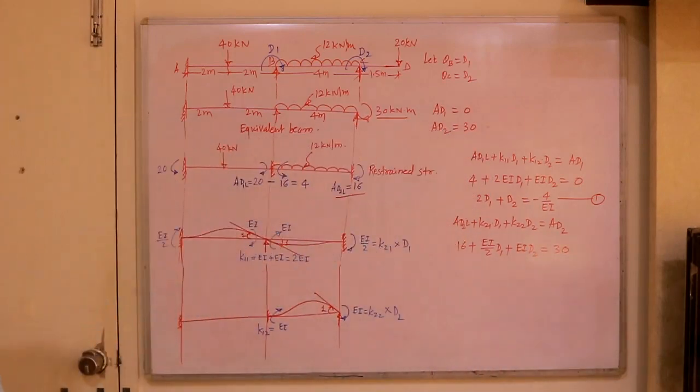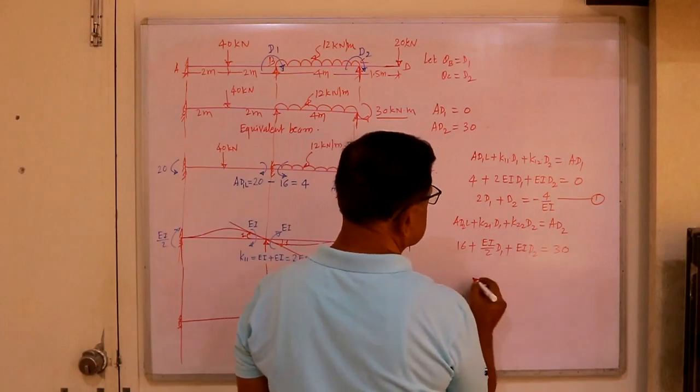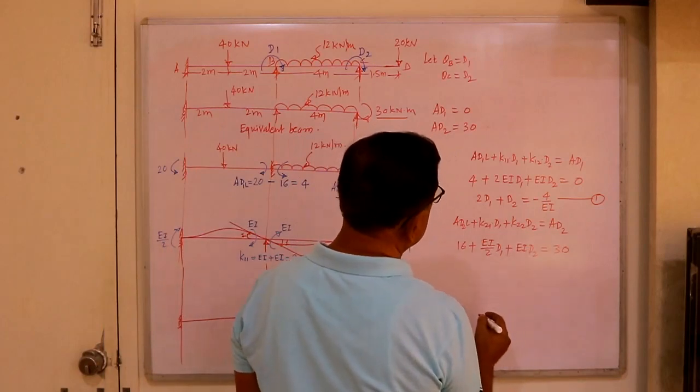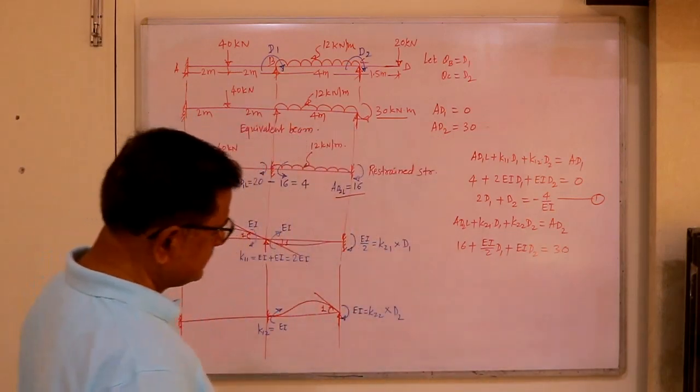Now simplify this, we can multiply by 2 everywhere.